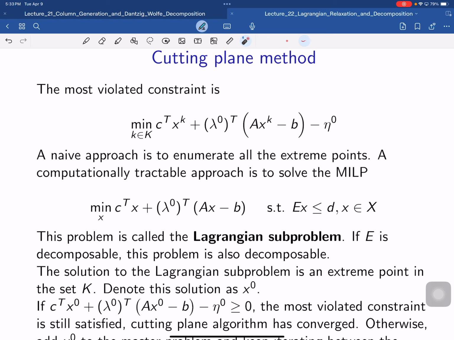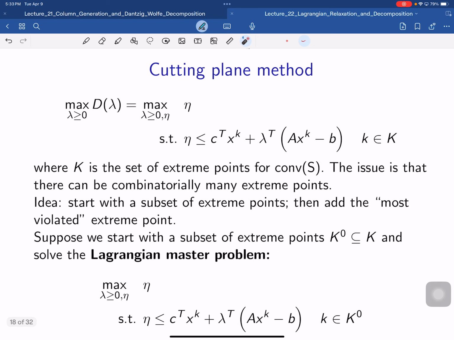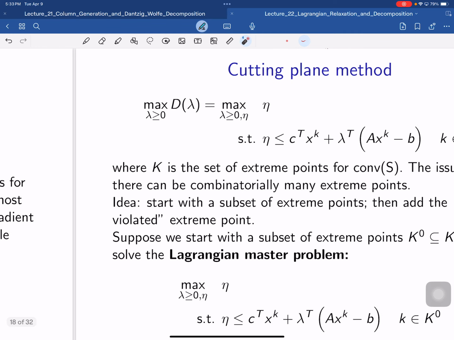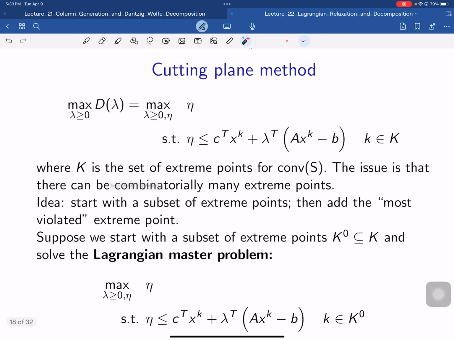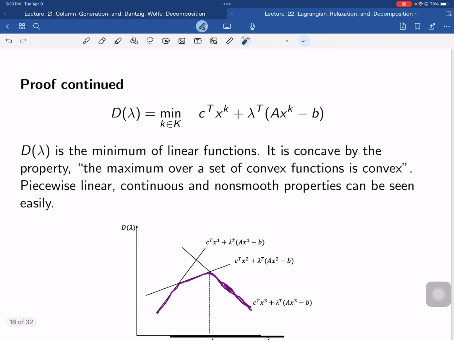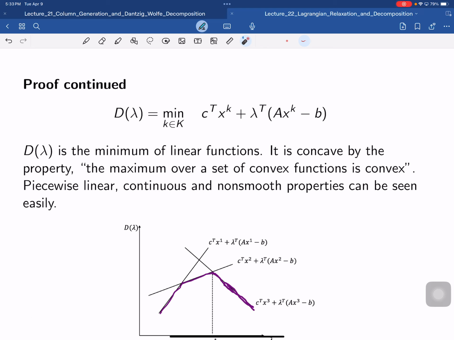Okay, so maybe let's go back a little bit, right? Let's first start from here. The d lambda function is like enumerating over all the extreme points of the feasible region, right? So at least I guess most people can see that.